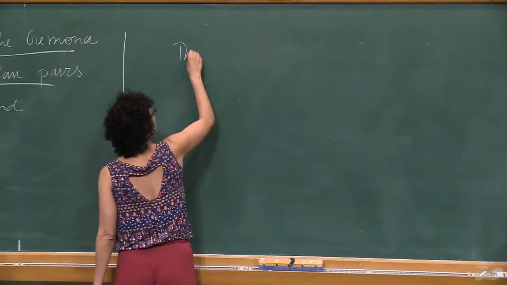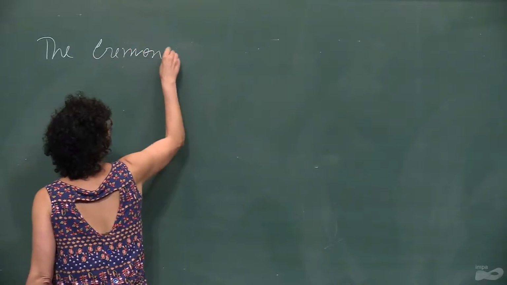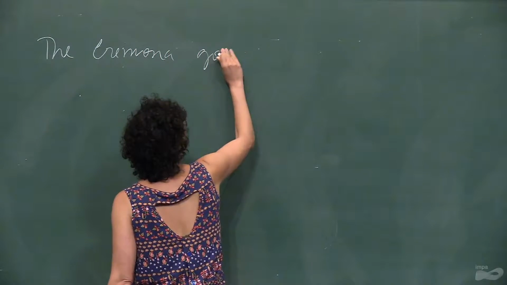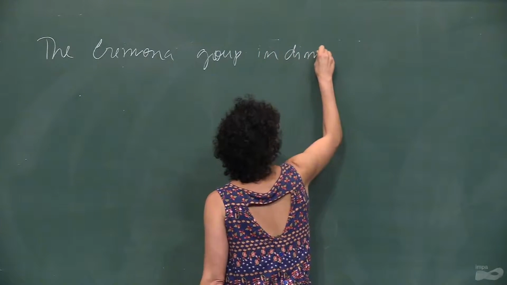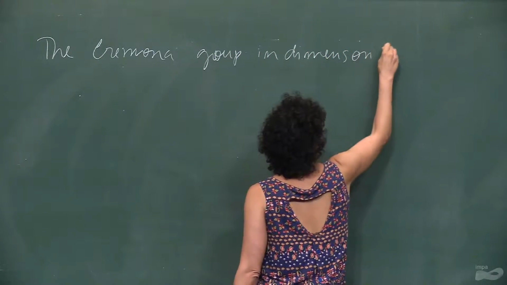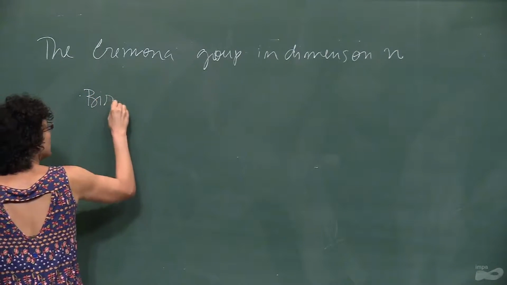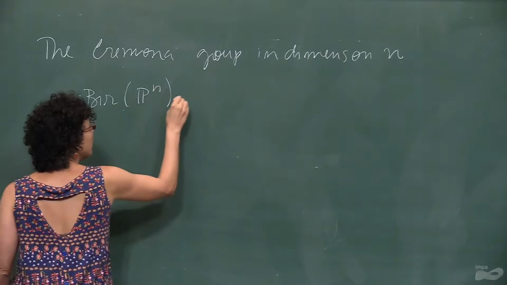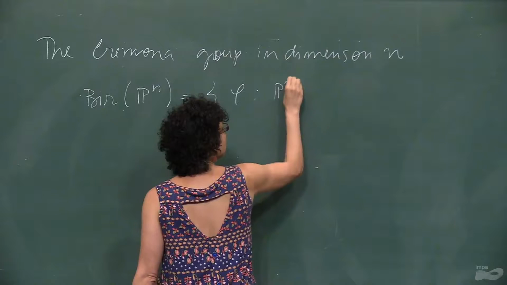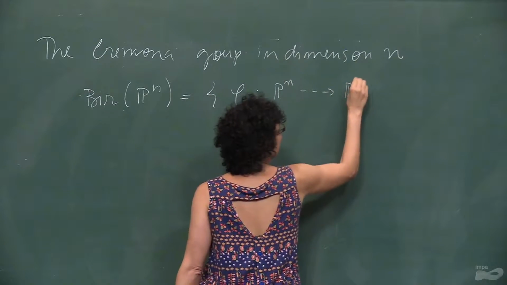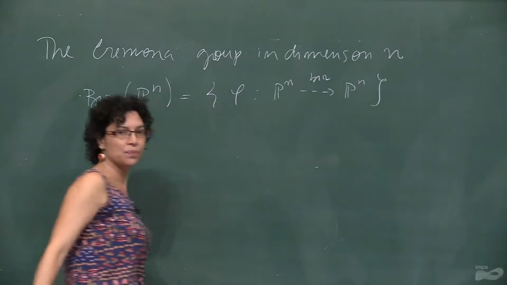So the Cremona group in dimension n is the group of birational self-maps of Pn. These are just rational maps from Pn which have inverses as rational maps. So these are birational.